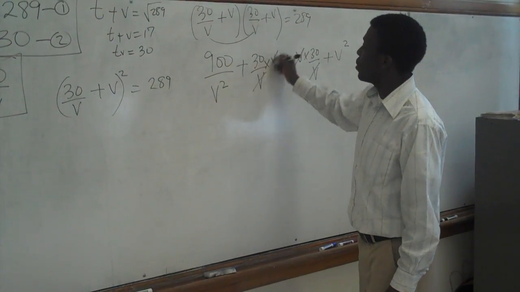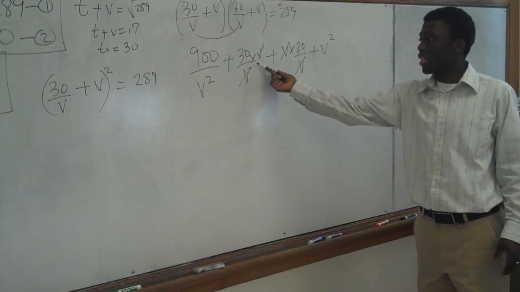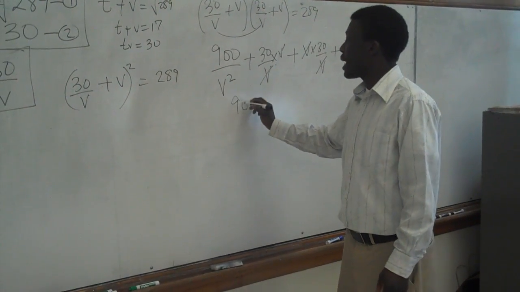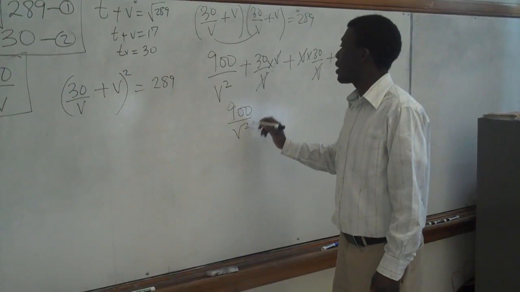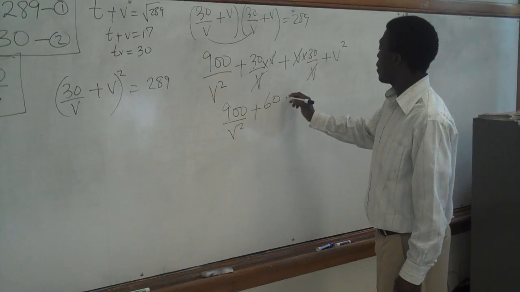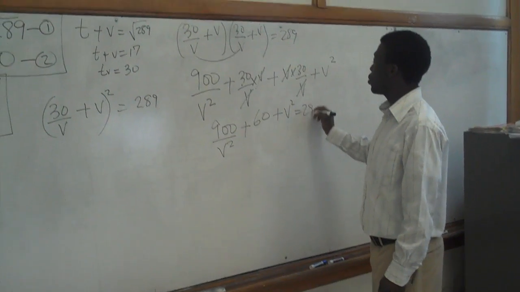The v's cancel because there's a multiplication that connects them, and the only thing we have left is 900 over v squared plus 30 plus 30, which is 60, plus v squared is equal to 289.